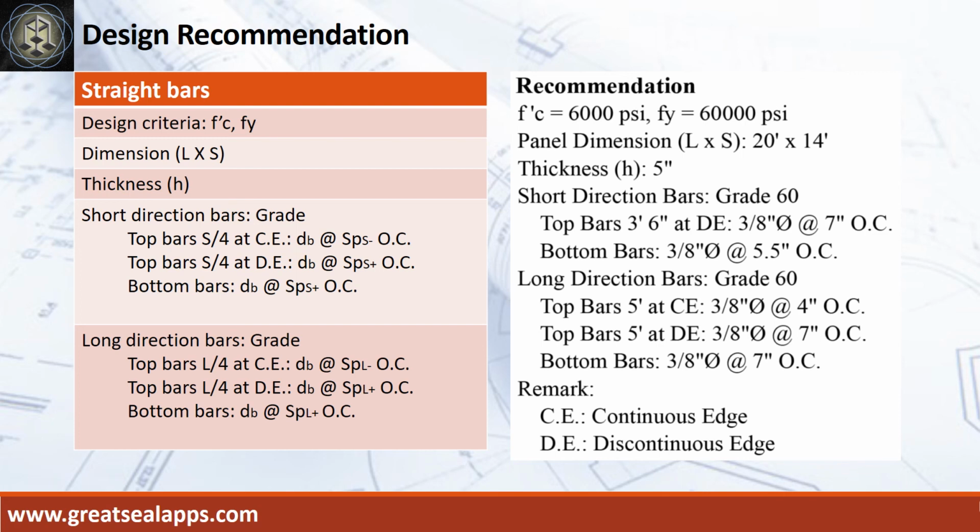Long direction bars of grade 60, top bars 5 feet at continuous edge, 3/8-inch diameter bar at 4 inches on center, top bars 5 feet at discontinuous edge, 3/8-inch diameter bar at 7 inches on center, bottom bars 3/8-inch diameter bar at 7 inches on center.